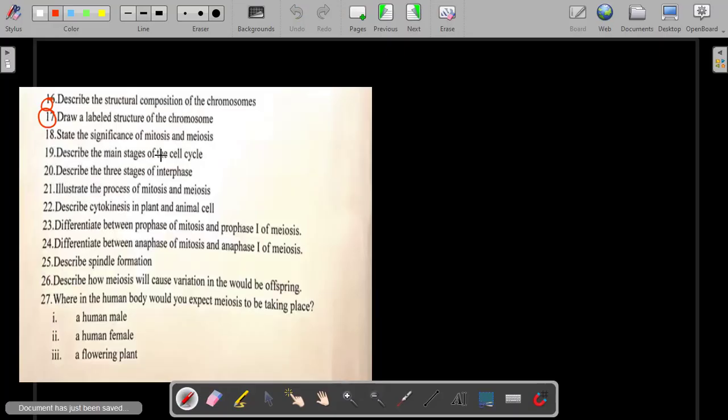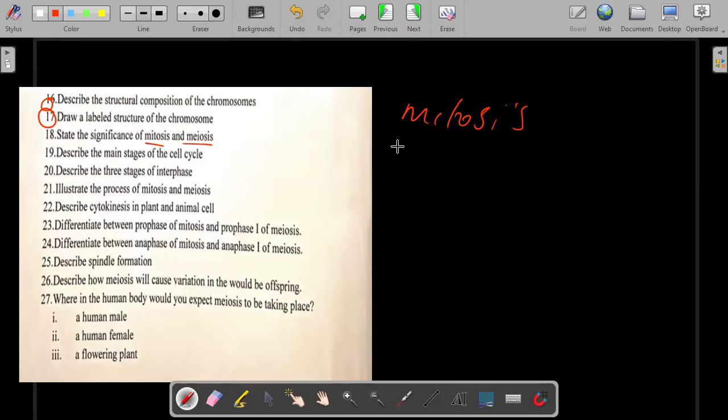Okay, we go to question number 18, saying state the significance of mitosis and meiosis. So what is the significance of mitosis and meiosis? Let's start with mitosis. What is the importance of mitosis?